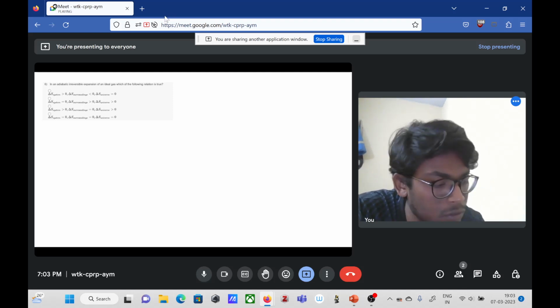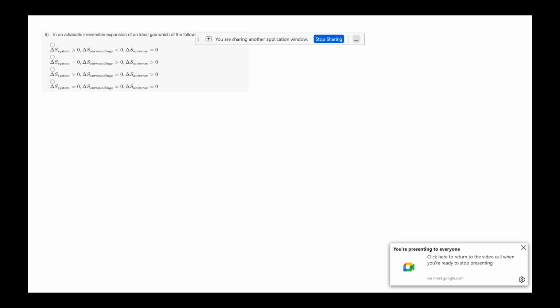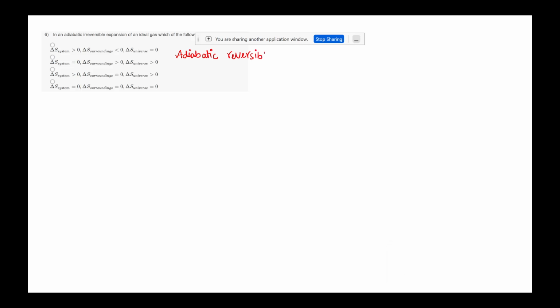For adiabatic reversible, dq is 0 with the surroundings, so delta S system will be 0, delta S surrounding will be 0, and delta S universe will be 0.